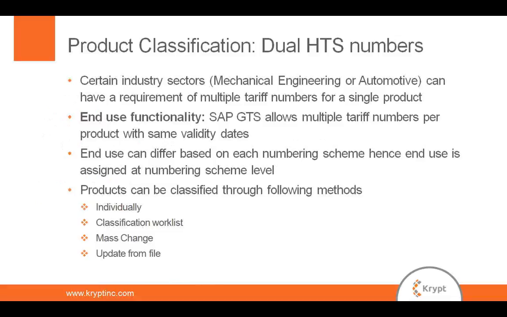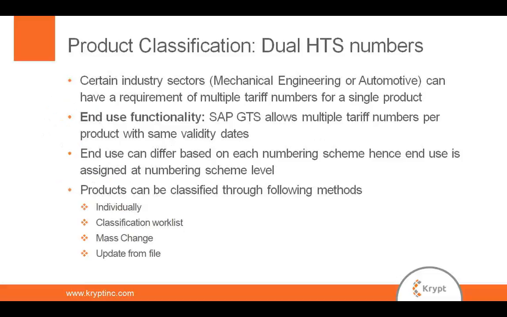So what's the need for a dual HTS number? There are certain industry sectors, for example, mechanical engineering or automotive, or it can be any industry sector, where there is an actual need for an individual product to have more than one HTS number. It could be due to the product specification, or because it's a seasonal product and the tariff differs based on season, or because of the product size.